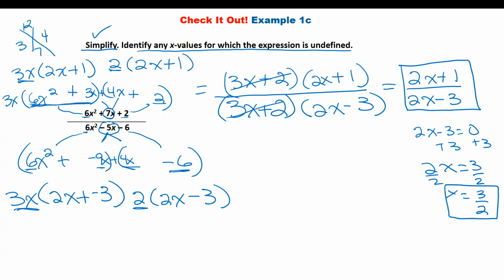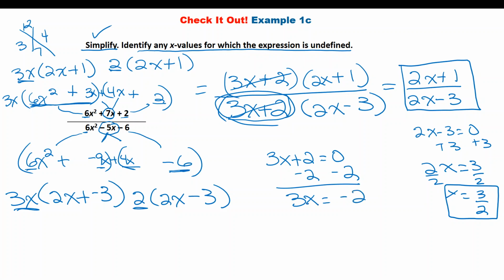Okay, but I'm not quite finished yet because this isn't the only one. I have to pay attention to this piece of my equation because that would be important too. So I'm going to also say 3x plus 2 has to equal 0 in order to make the expression undefined. So we're going to subtract 2 from both sides. 3x equals negative 2. Divide both sides by 3.